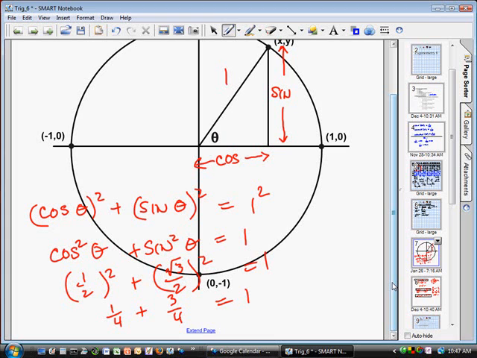Now, are you familiar with this notation? Cosine theta squared can be written this way. How many of you have seen this type of notation before? Okay. I'm sorry, but it's another shortcut that mathematicians take. This means exactly the same as that.